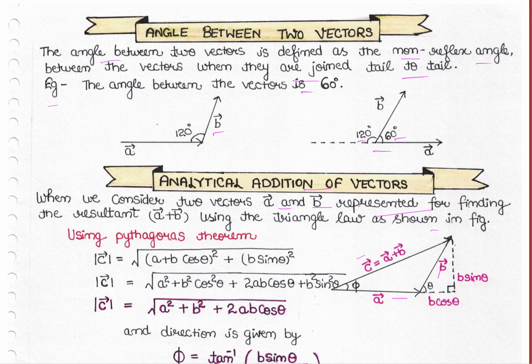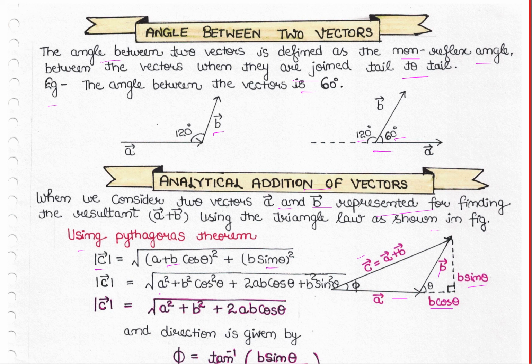Now we can draw a perpendicular on the extended A vector, and this is B sin theta and this is B cos theta. So we can write using Pythagoras theorem, the resultant vector's magnitude is equal to square root of (A plus B cos theta) whole square plus (B sin theta) whole square.